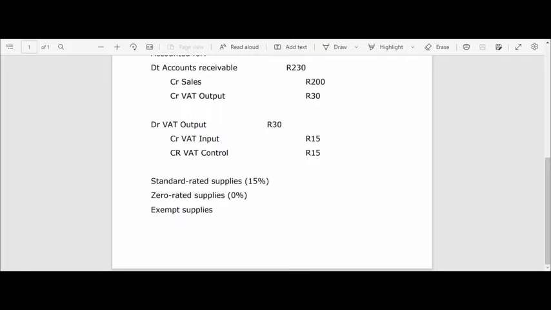Now, ladies and gentlemen, because you've already raised the output VAT maybe 2 or 3 or 4 months ago, it means you have probably already paid it over to the revenue service. But let's look at two scenarios here.